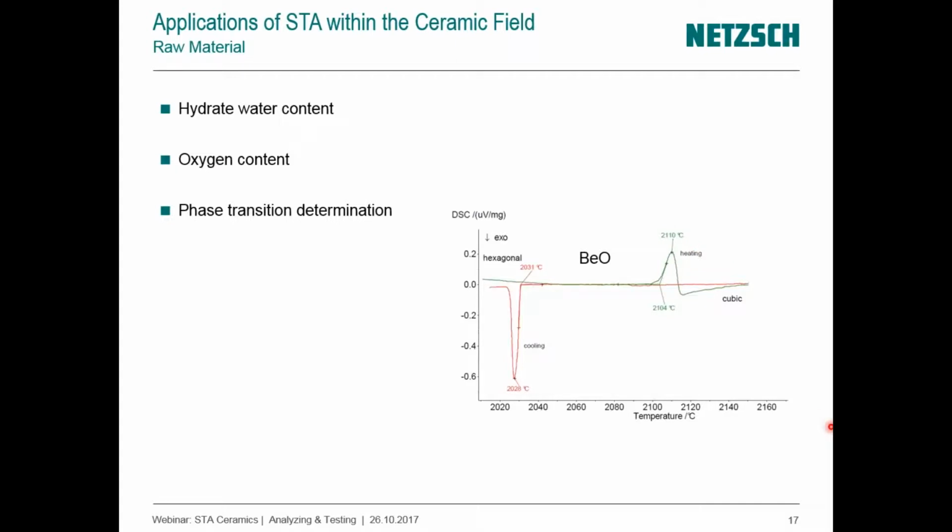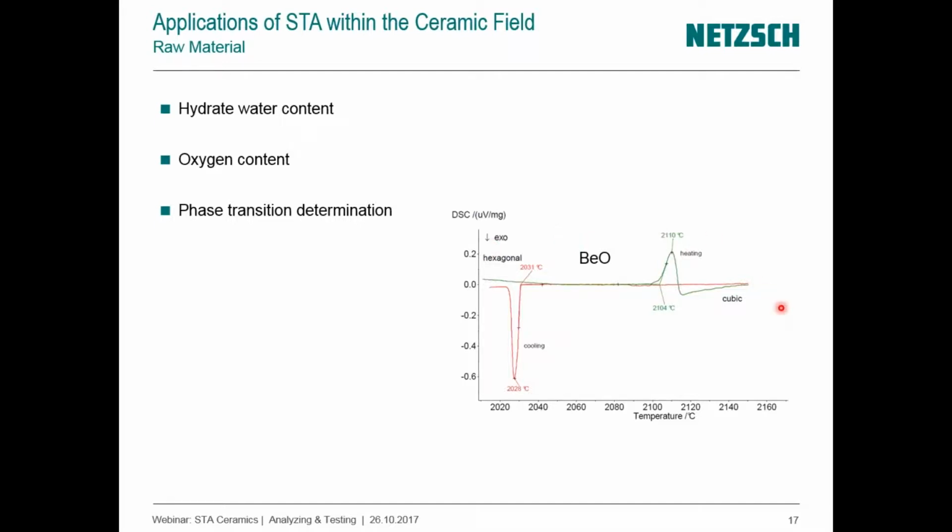And this can easily be tested by just heating these kinds of materials under oxygen-containing atmosphere. And then you see oxidation steps. And these oxidation steps directly refer to the deficit of oxygen. So we can see here a 2% deficit of oxygen, and this can be directly related to TiO 1 point something.